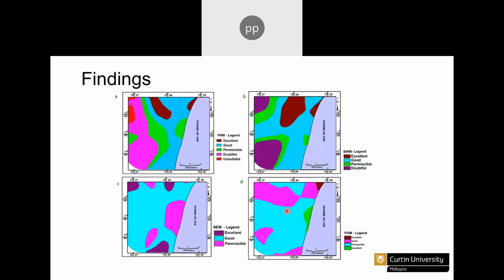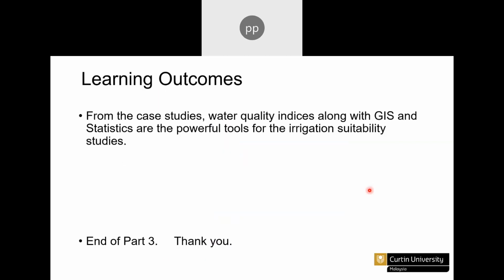After that they overlay each and every plot, then they can identify the final irrigation quality map. From that you can see how it varies spatially and temporally. In terms of spatial distribution, you clearly identify the hotspots. And you can also see the temporal variations, how the pollution has been changing according to the seasons. And this you can consider as the outcomes.